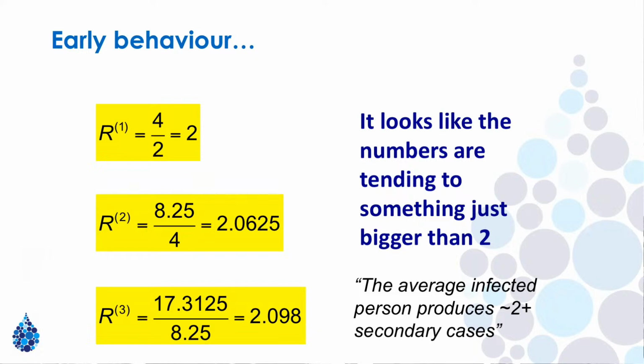So it looks like, on average, the infected person produces around 2 secondary cases per generation. This is a very approximate way of doing it. It's just making you think about, per generation, on average, how many new infections are we going to see? As I said, we're going to go through the next generation matrix in detail tomorrow, so you can see where it comes from and how we use it.